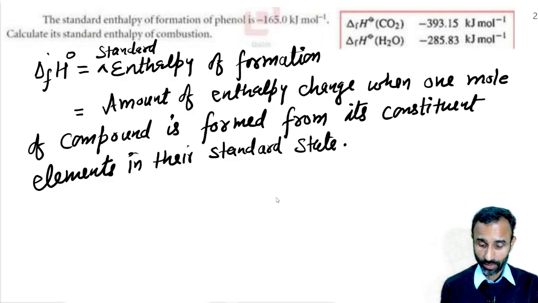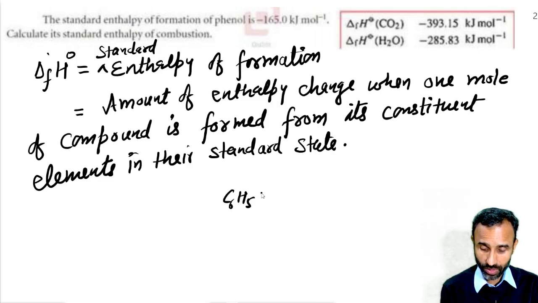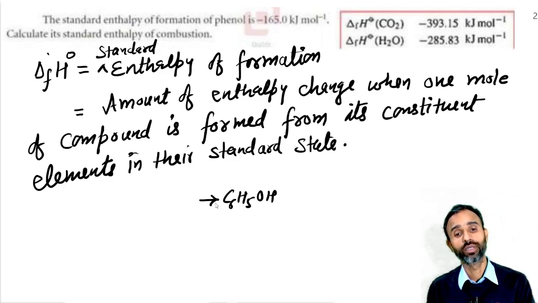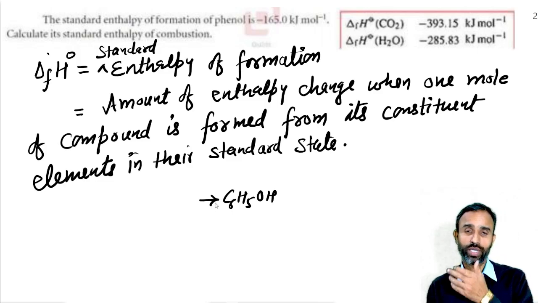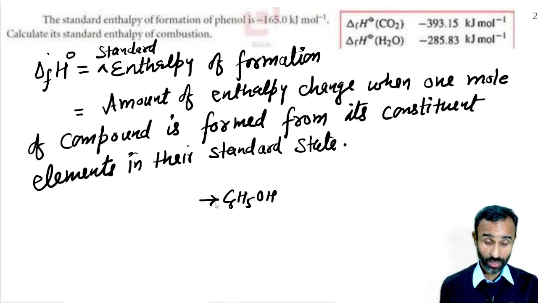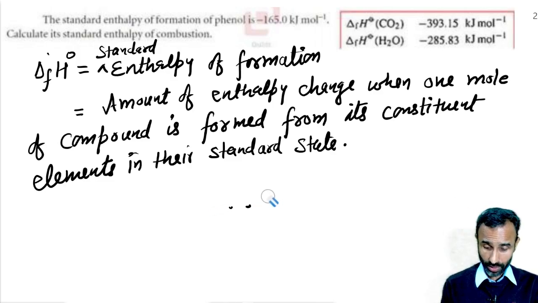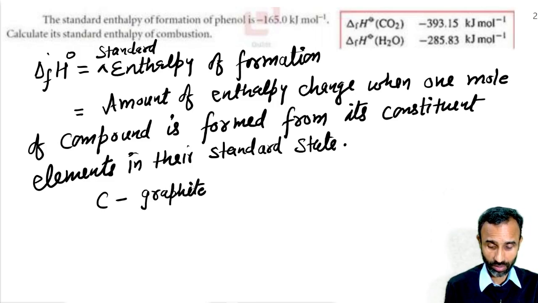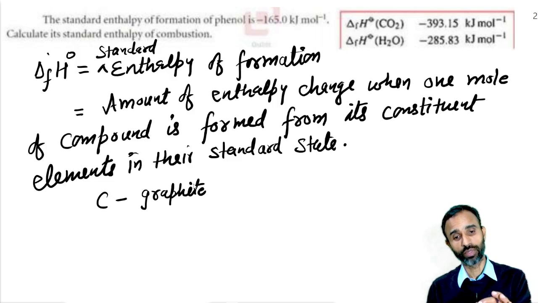So see, we have phenol, C6H5OH. So what are the elements involved? And what is the standard state of carbon? Keep in mind the standard state of carbon, because it has allotropic forms, diamond and graphite.